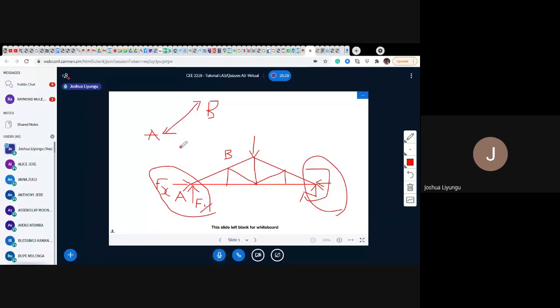Same magnitude, but in opposite direction. This is the third law coming from Sir Newton.